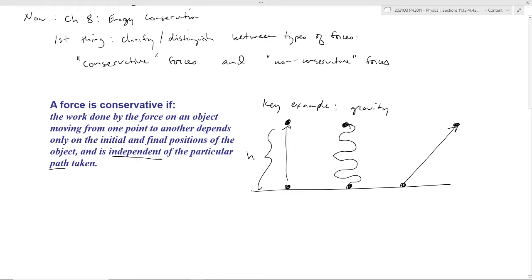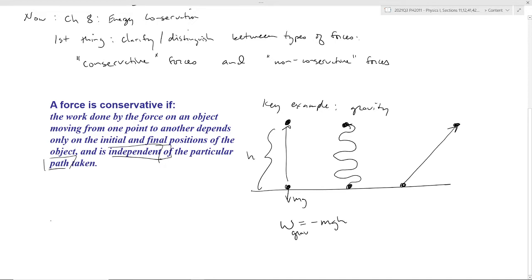We know, based on what we did in the last chapter, gravity's pointed down, we could evaluate the work, and we would find that the work done by gravity would just be negative mgh. It does not depend on the path. All it depends on is the starting height and the final height, that change of height. And this is an example of it being independent of path.